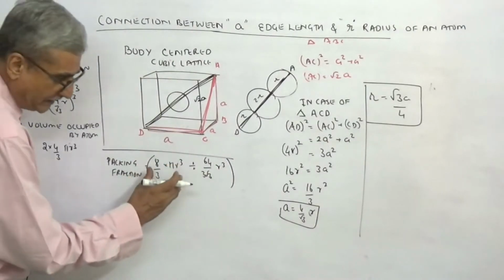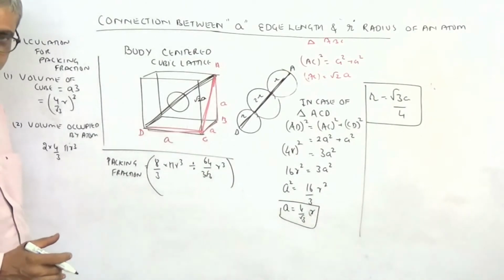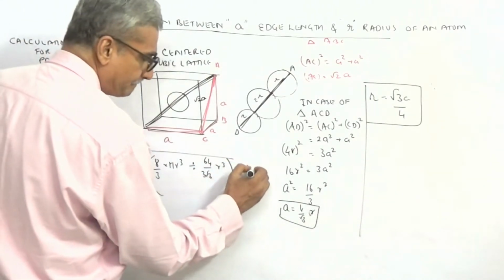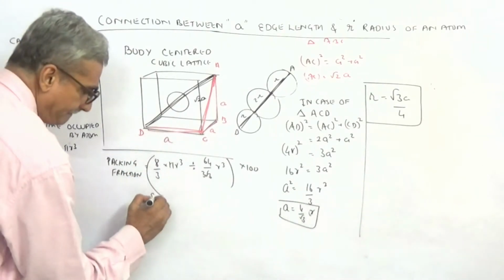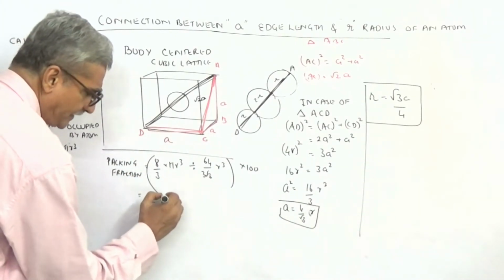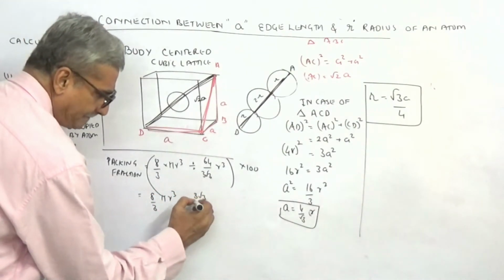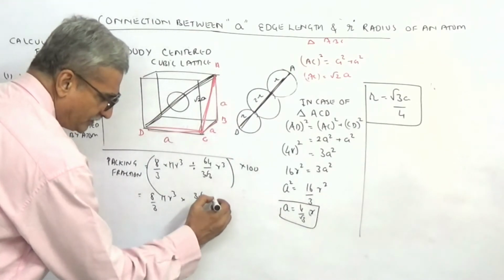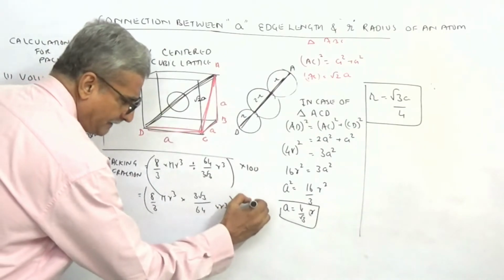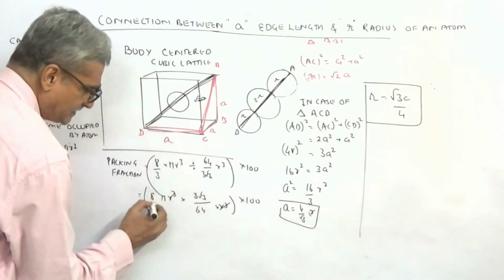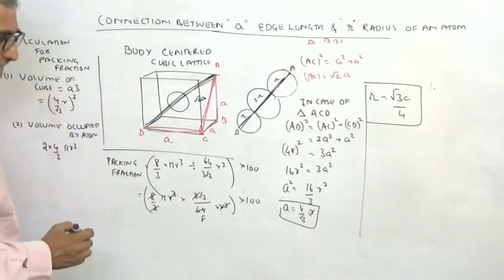So volume occupied by the atom divided by volume occupied by the cube into 100. So ye ulta ho jayega. So what are we getting? 8 by 3 pi r cube into 3 root 3 upon 64 into r cube, the whole thing into 100. R cube cancel. 8 8s are 64. 3, ye 3 chala jayega.